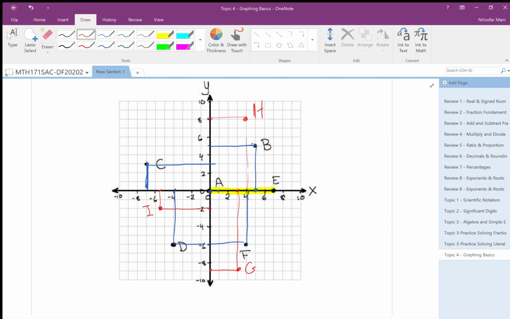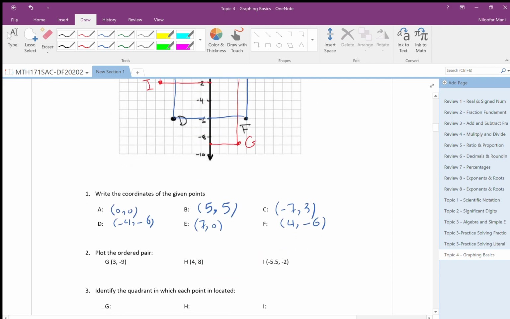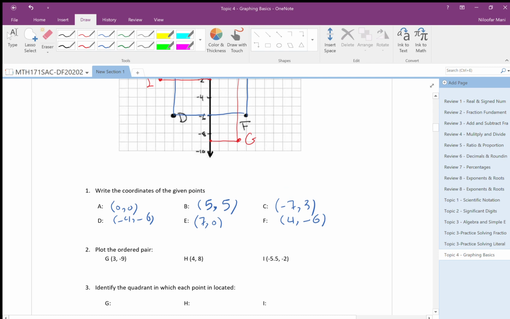So now we can say which quadrant each point is in. Point G, I have x positive and y negative. Even if I picture it in my head, if x is positive it is right, if y is negative it is down, so I am in quadrant 4.